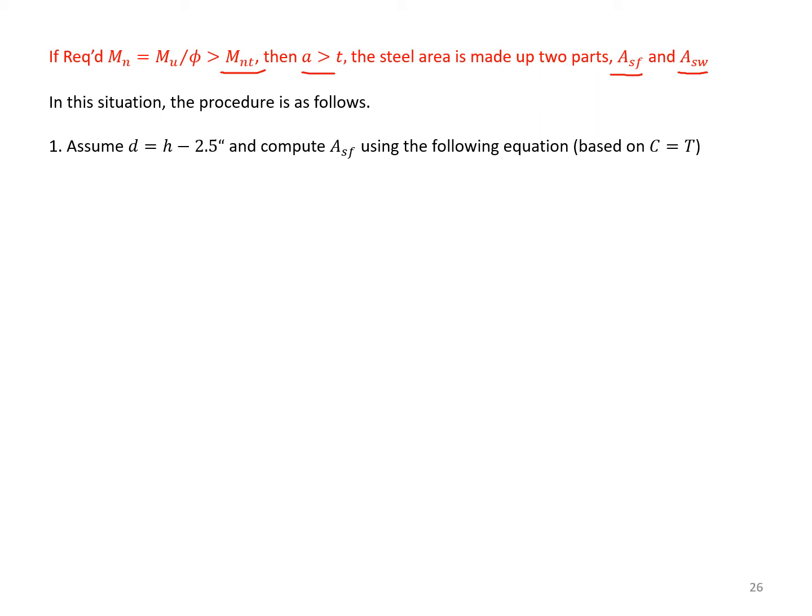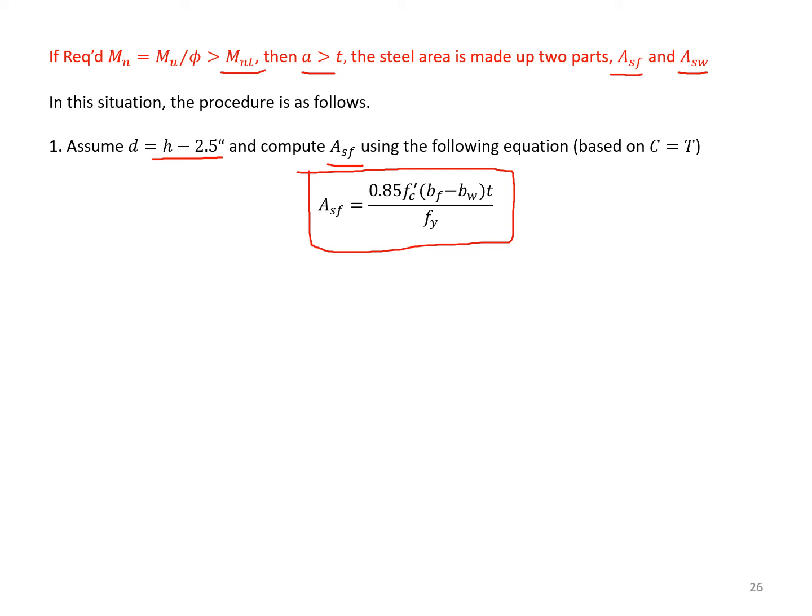First you assume d again as h minus 2.5. Compute ASF using this equation that I gave you before. Remember I said that this equation is independent of the total area of the steel, so it always remains the same. And the corresponding resistance MNF can be computed as well.